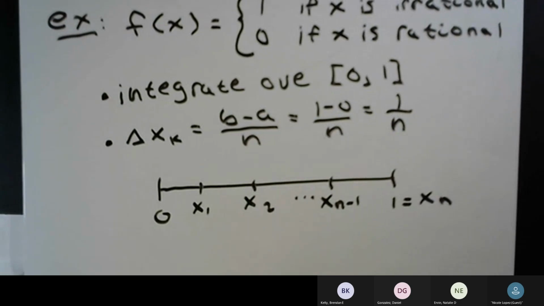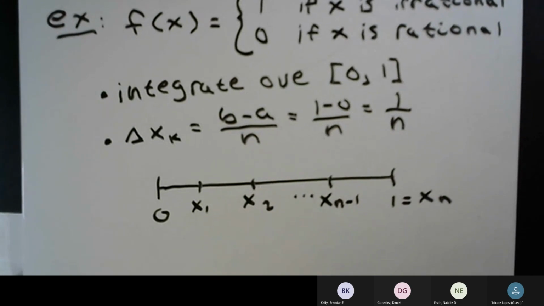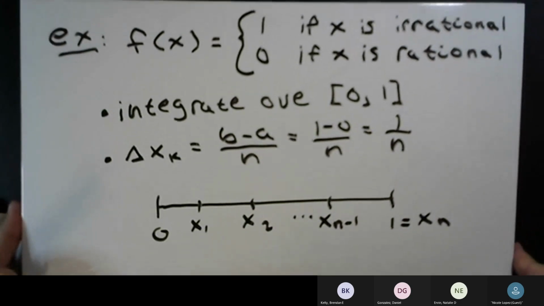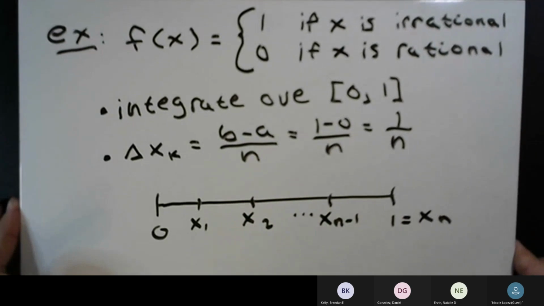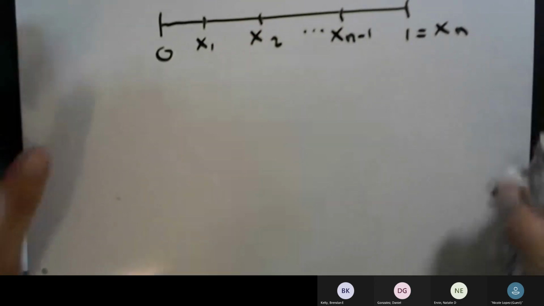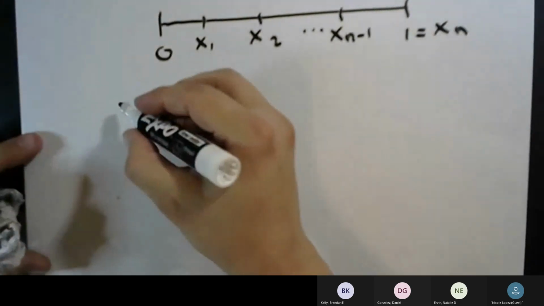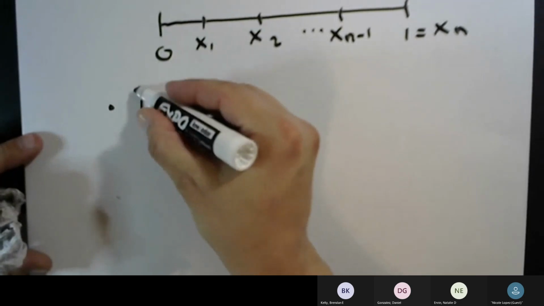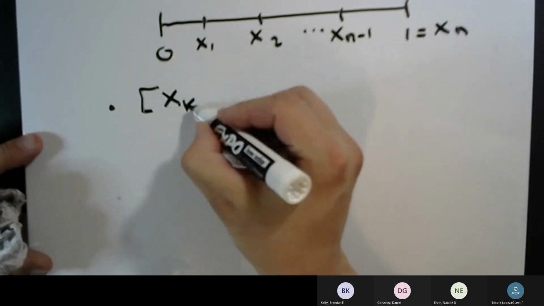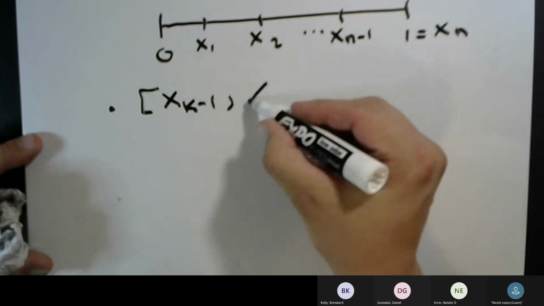So here's the thing. If we take a particular subinterval, let's take xk minus 1, xk.